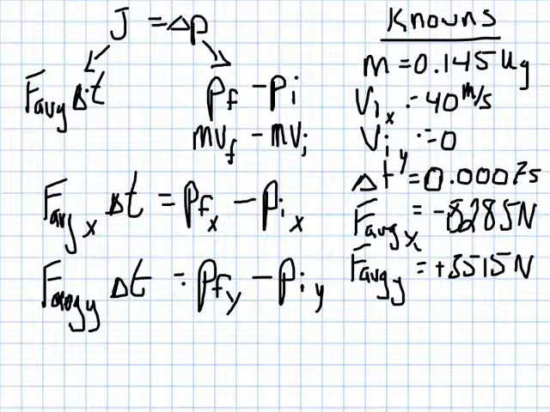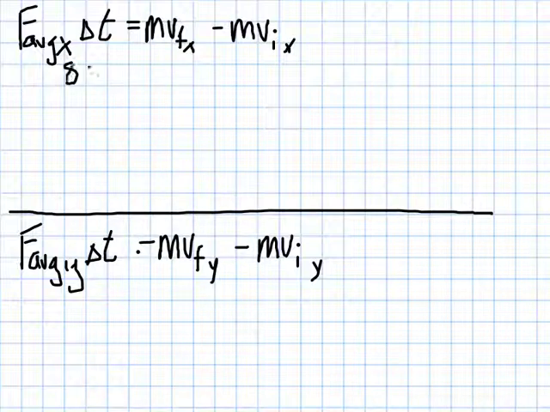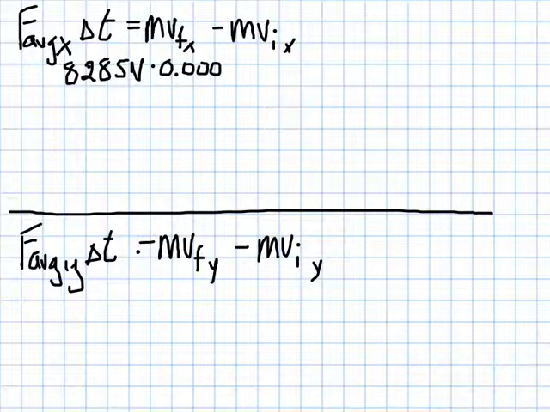So let's stick some numbers in. Starting out looking at my x components, the x component of my average force was 8,285 newtons times 0.7 milliseconds, which was 0.0007 seconds.